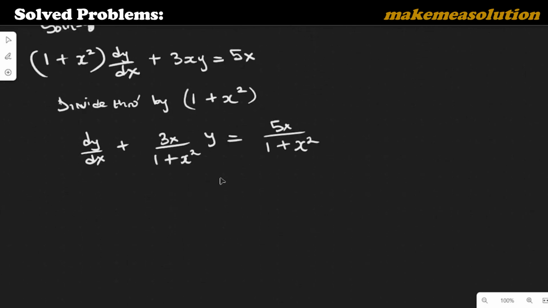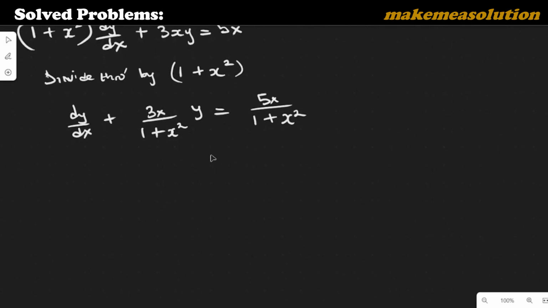Of course you agree with me that my p is now 3x over 1 plus x squared, and my q is 5x over 1 plus x squared.